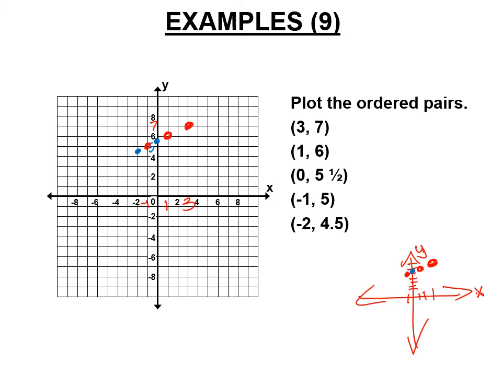It's halfway between +4 and +5. So -2, right? And hopefully you're noticing a pattern here with these points. And there's -3, +4, right? And so these should have all come out in a straight line. Okay, and we're going to be plotting a lot of straight lines today.